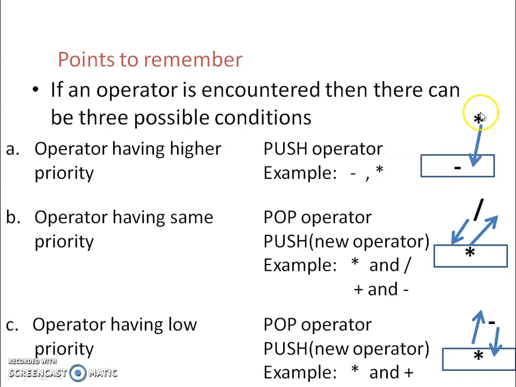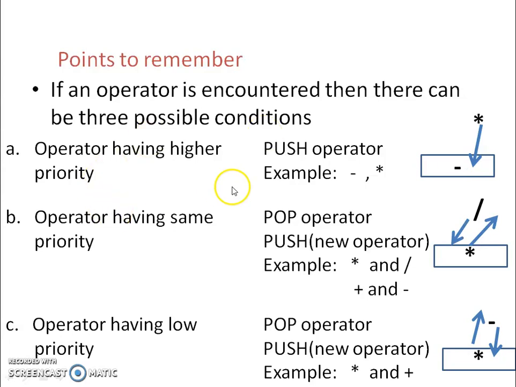For example, we have come across a multiplication operator and there is already a minus operator lying inside the stack. This multiplication operator has a higher priority than the minus operator. In this case, you just push this operator onto the stack. So it will be minus and then the asterisk, or multiplication operator, will come inside the stack.